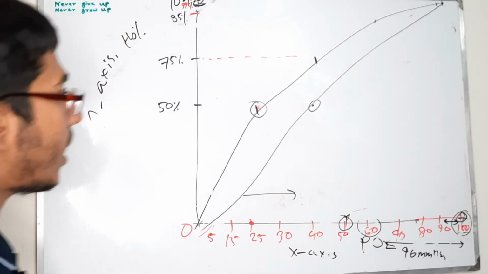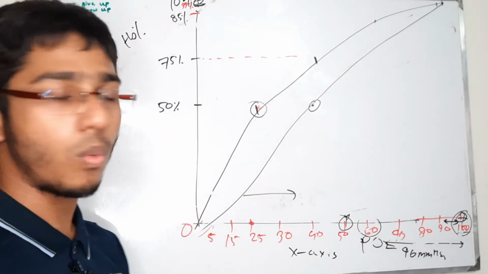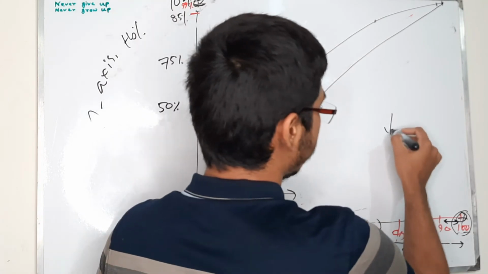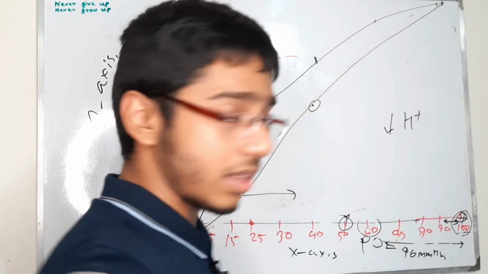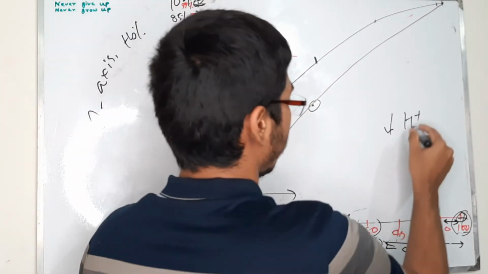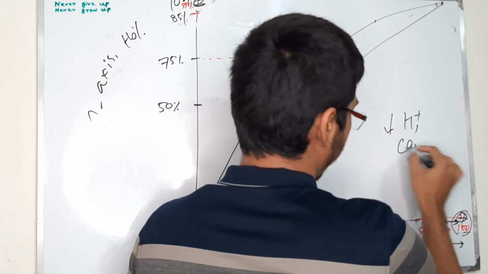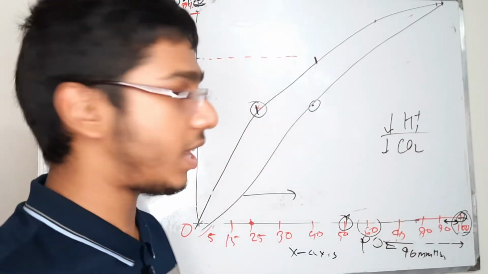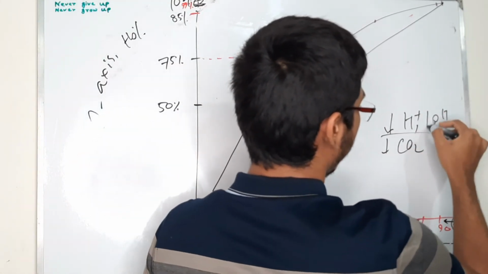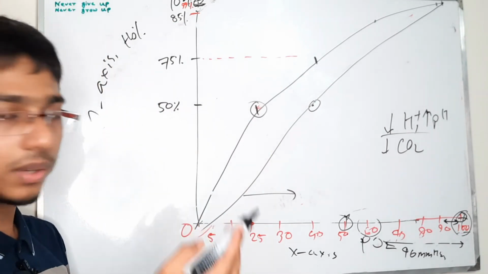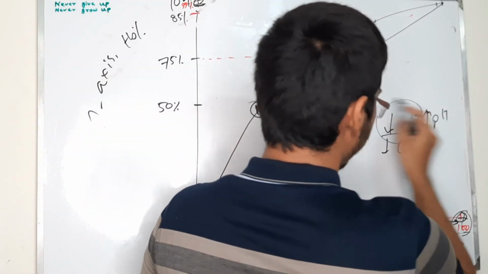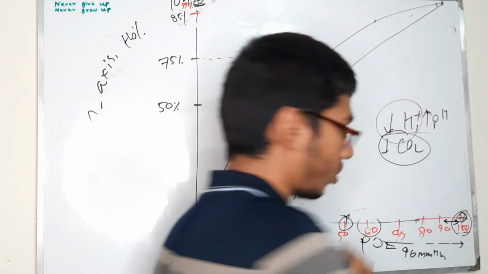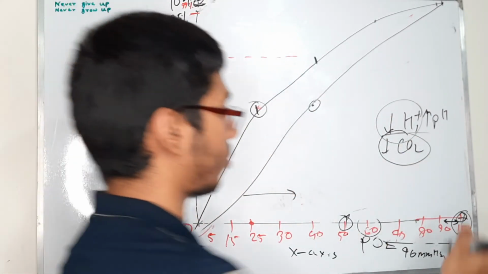But when does the curve shift to the left? When there is a decreased production of H plus, the opposite phenomenon is observed, and decreased production of carbon dioxide. If the concentration of H plus reduces, then the pH will rise. So the H plus goes downward, carbon dioxide goes downward, and pH goes upward.